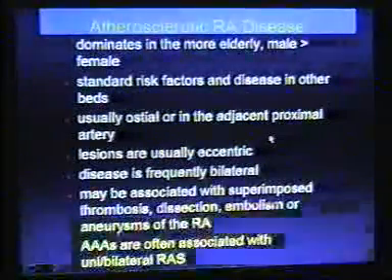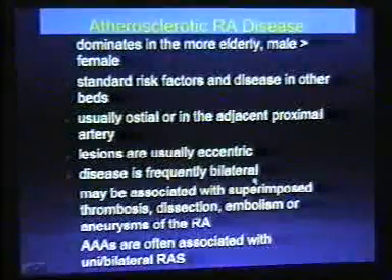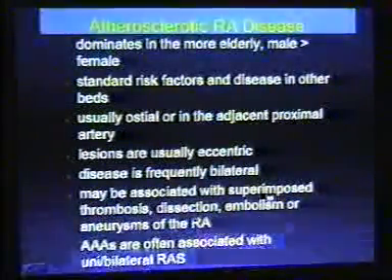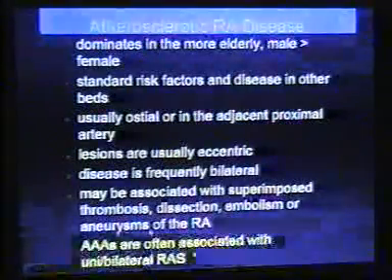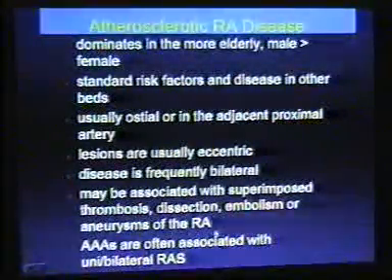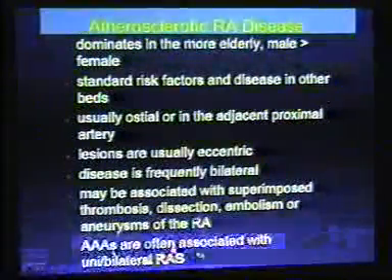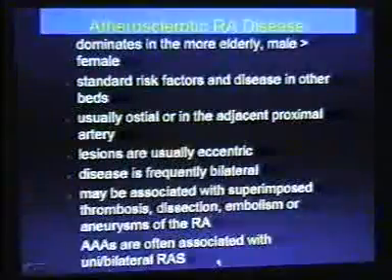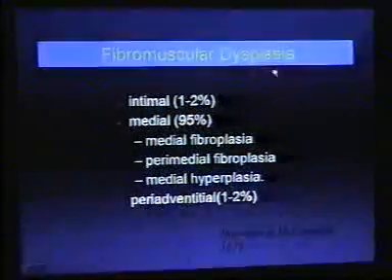Lesions are usually eccentric. Disease is frequently bilateral, may be associated with superimposed thrombosis, dissection, embolization, or aneurysm of the renal artery. Abdominal aortic aneurysms are often associated with uni or bilateral renal artery stenosis. Here we have tortuous renal vessels.